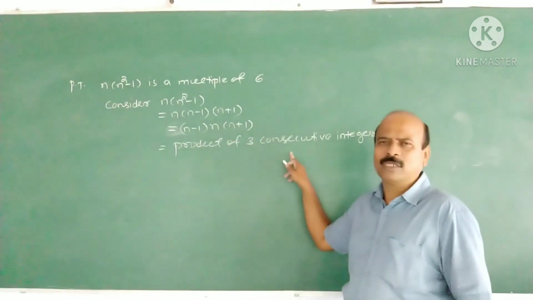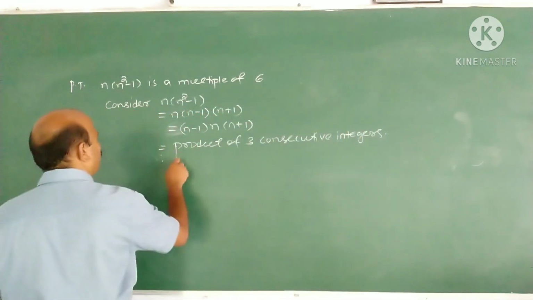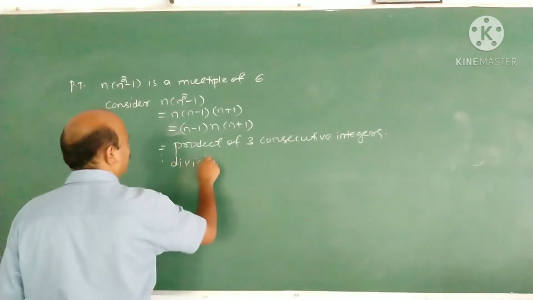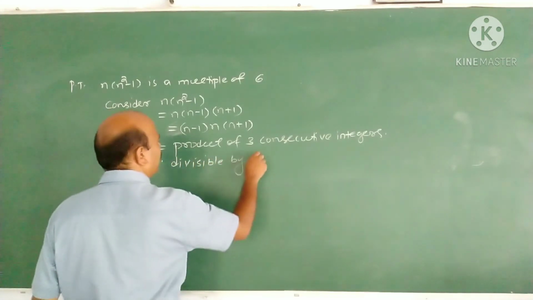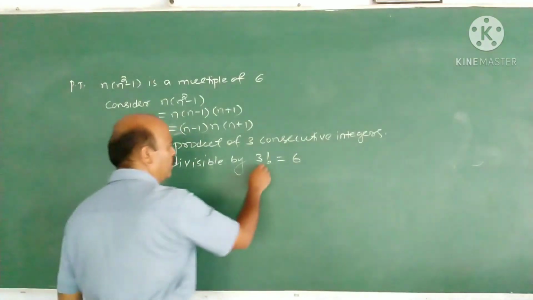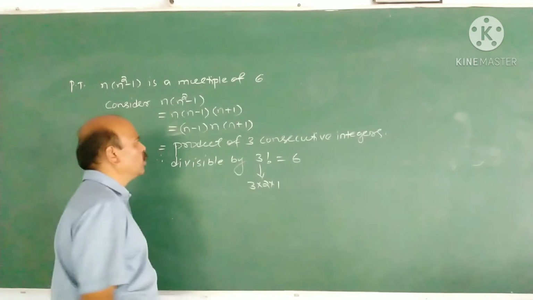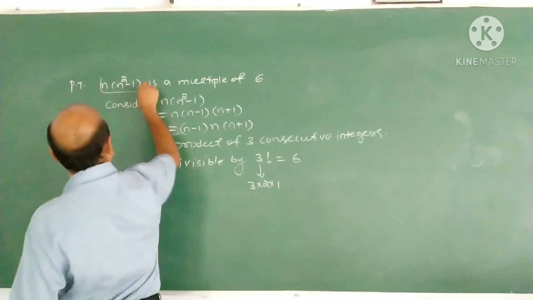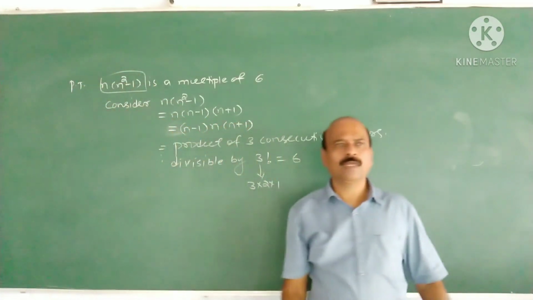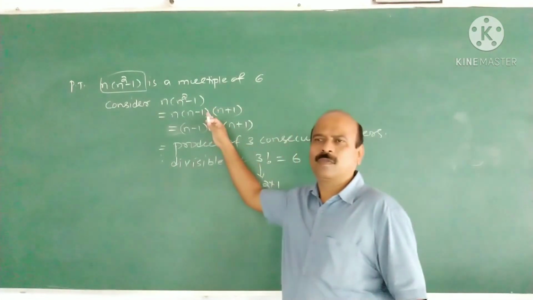Here it is a product of 3 consecutive numbers. Therefore, divisible by 3 factorial. 3 factorial means 3 into 2 into 1, that is 6. So this is divisible by 6. What a wonderful application of this previous result.